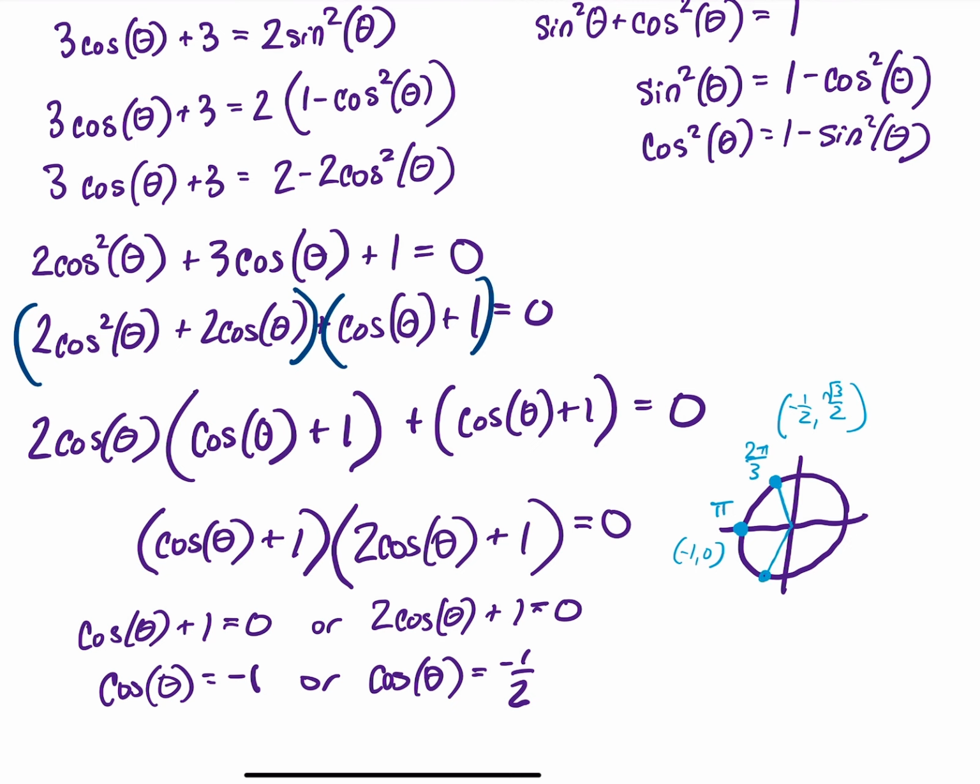So this would be at 4 pi over 3. This has the coordinate point -1/2, negative root 3 over 2. So they both have the cosine value of -1/2. So we get these three solutions in one trip around the unit circle. So I'll say theta equals 2 pi over 3, also pi, and also 4 pi over 3. We get three solutions here.